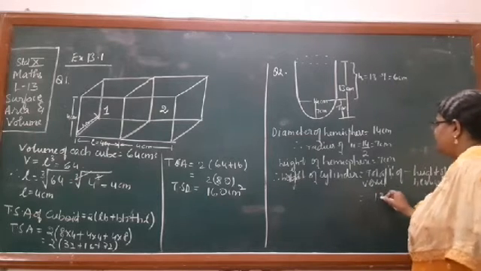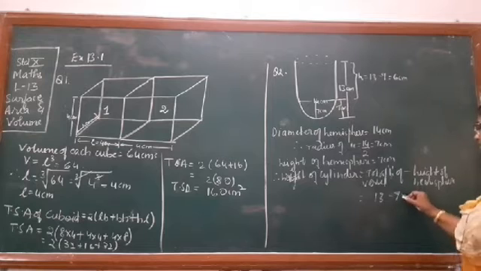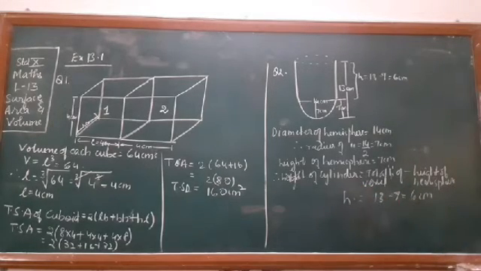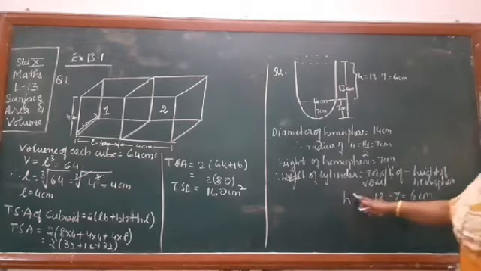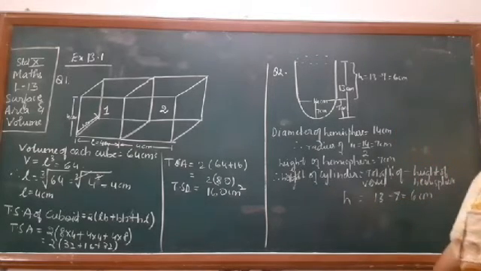Total height of vessel is 13 minus 7 which is equal to 6 centimeter. So height of the cylinder you get as 6 centimeter. Okay, so this is the height of the cylinder.